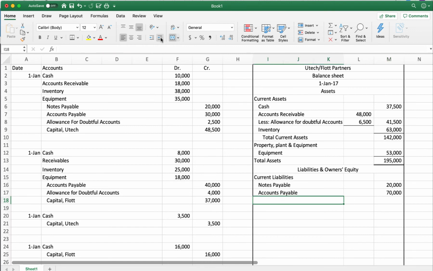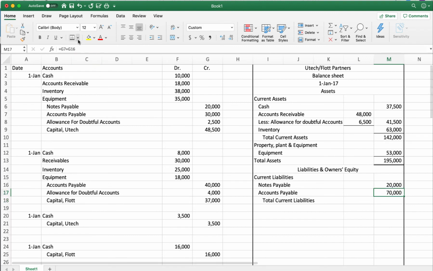I need to indent twice, 1, 2, and I need to say total current liabilities. Now I'm going to add this up. So what I want to do is make sure I have a bottom border where my accounts payable is, to show that this cell right here is the calculation of the two above it, right? So I'm going to auto sum these. I get 90 grand. Now the next section is going to be our owner's equity.